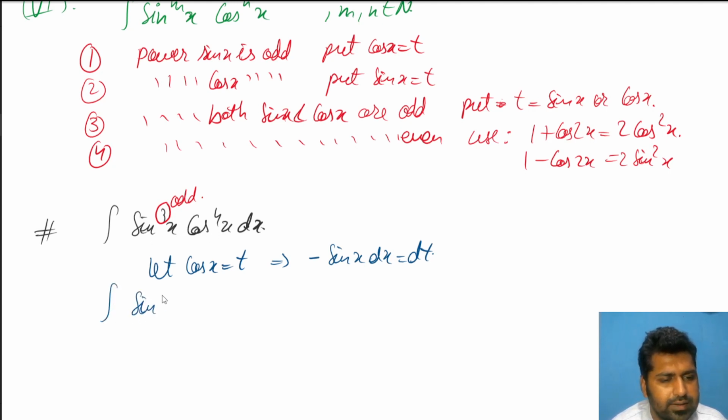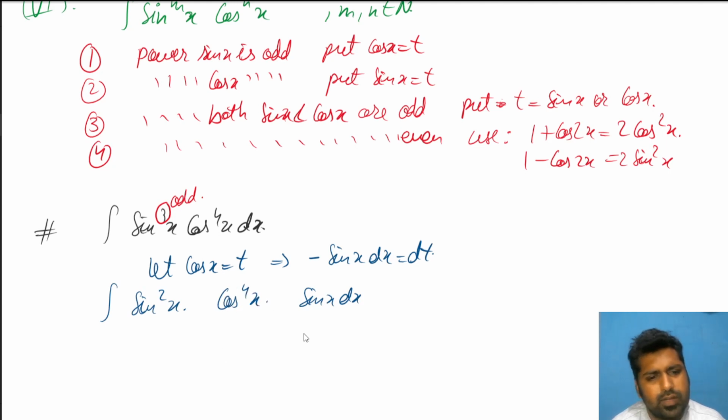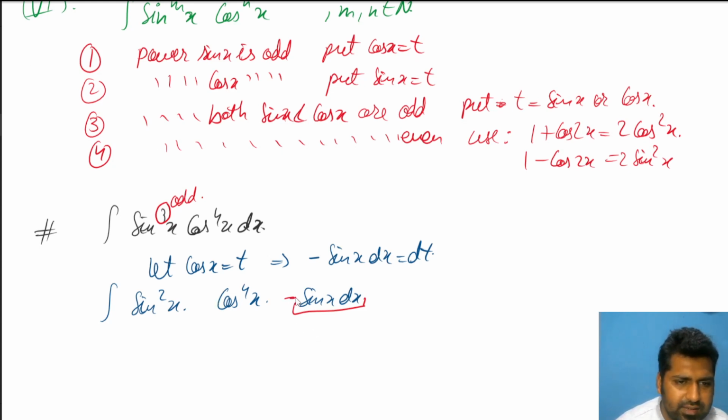So I'm rewriting this as sine square into sine x. So it is sine square x sine x dx, then cos to the power 4 x. Same question in product form, just broken down sine cube as sine square into sine. So that sine x dx is there. But you also need a negative sign. So put a negative, adjust it.